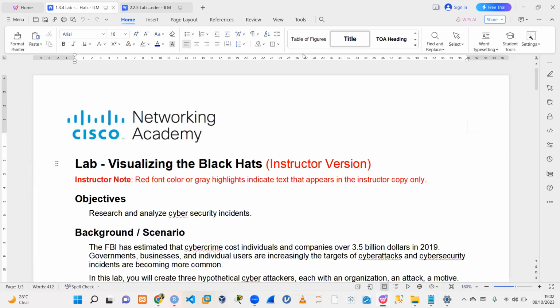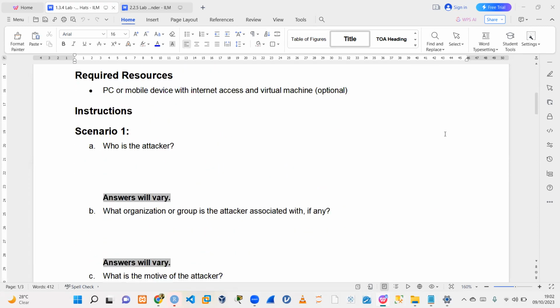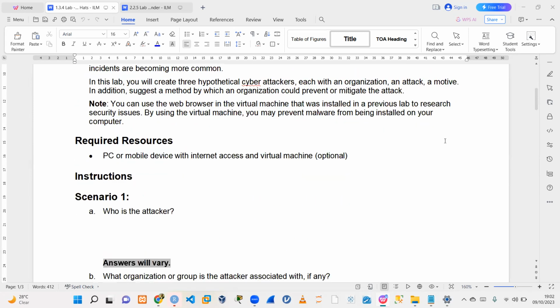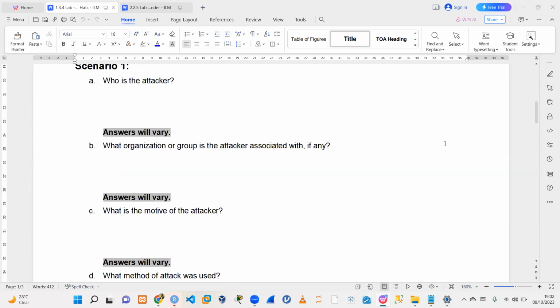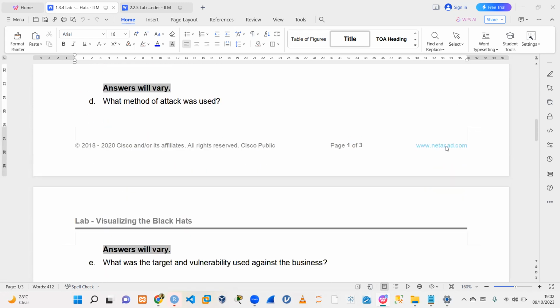So what's the difference between black hat, white hat, and gray hat? Sophia: White hackers are ethical hackers, while the black hackers are the threat actors, the bad guys. Then the gray hackers are not black and not white; they have both characteristics.